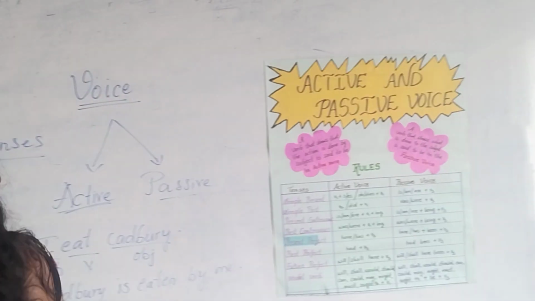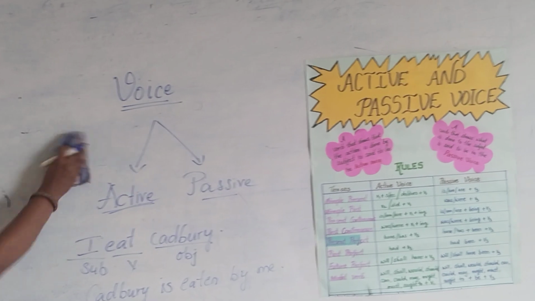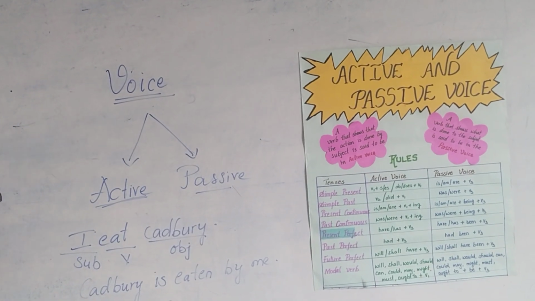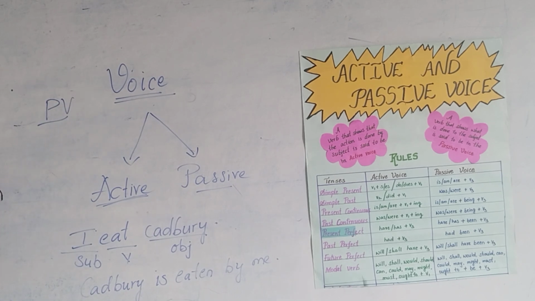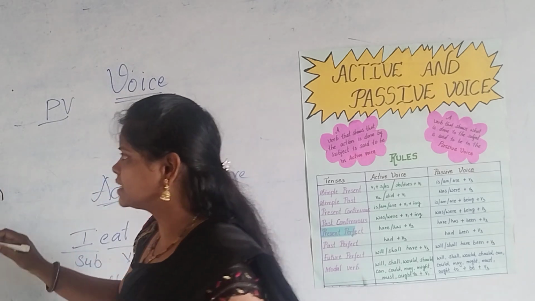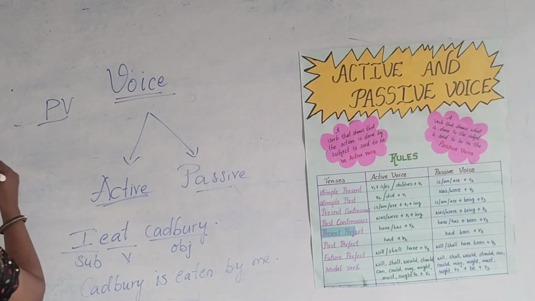See here, for example, this is active voice, this is passive voice. In active voice, the structure will be subject, helping verb, main verb, object.